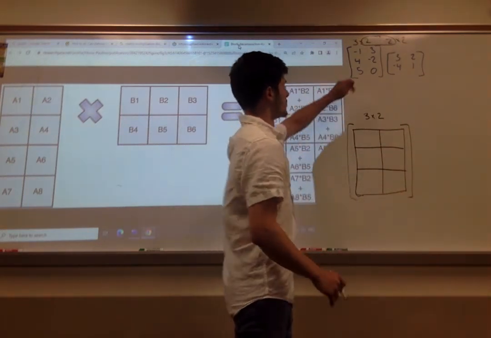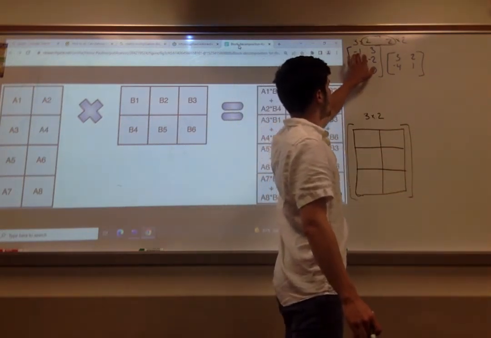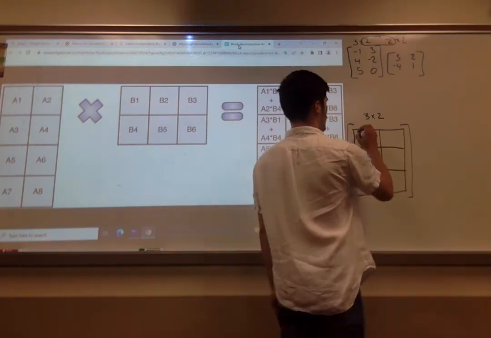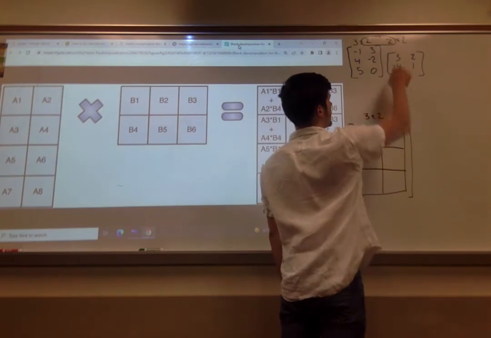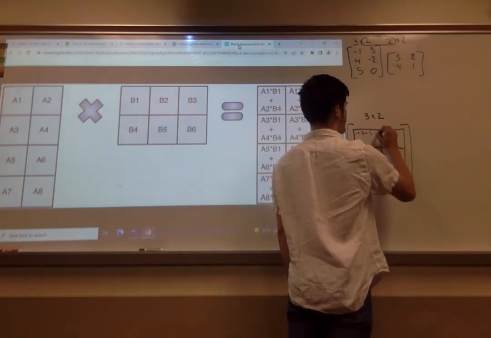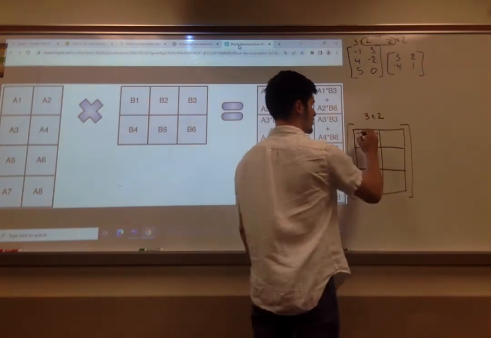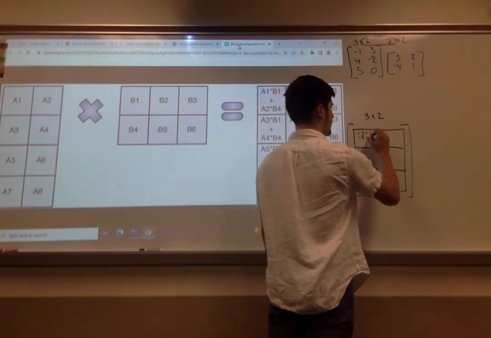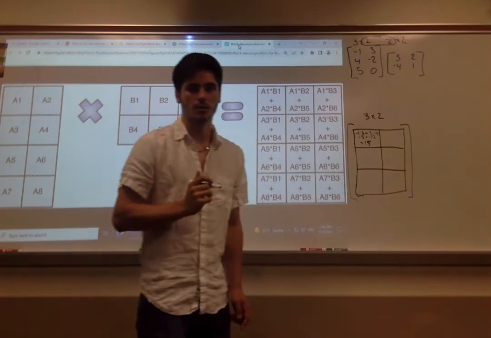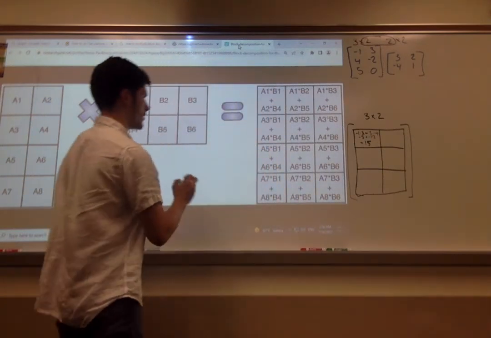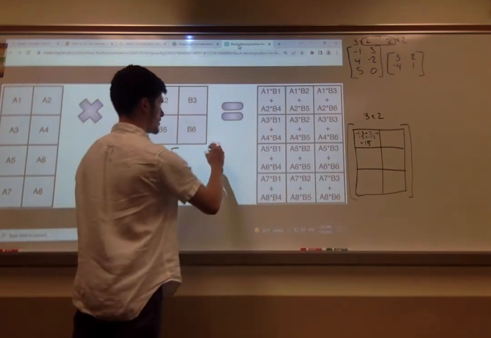What we do is we take the top left, -1 times 3 plus 3 times -4. So we have -3 plus -12, -15. And I'll write a final answer over here so it's easy to see.